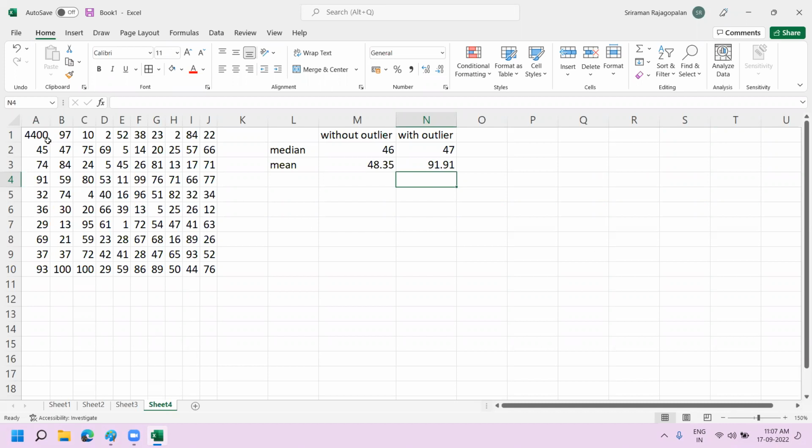Okay, let's change this number and make it 120. These are all property prices and everything is in lakhs.